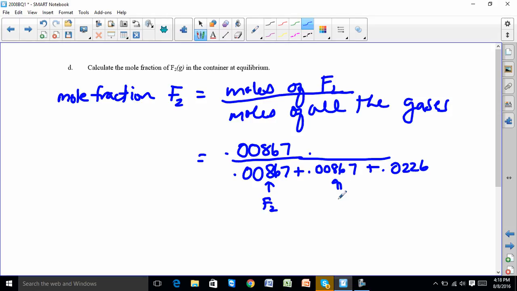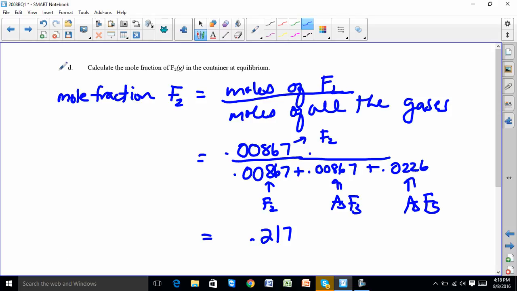It's also the molarity of the arsenic trifluoride, and it's also the molarity of AsF5. And then this is the molarity of the F2. So the mole fraction. Okay, so if you do that, you will get 0.217. Now, it's a fraction, it's not a percent. So just because you guys understand percents better, I found 21.7% of the pressure comes from the fluorine, but mole fractions are left as decimals, so 0.217.